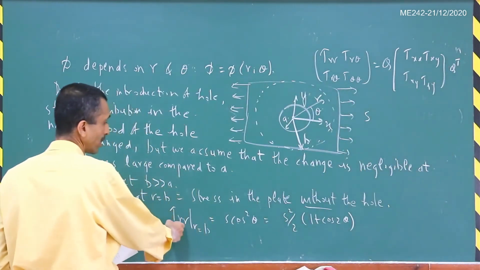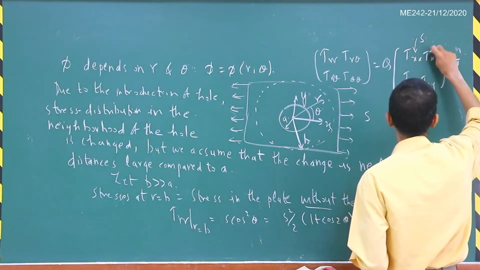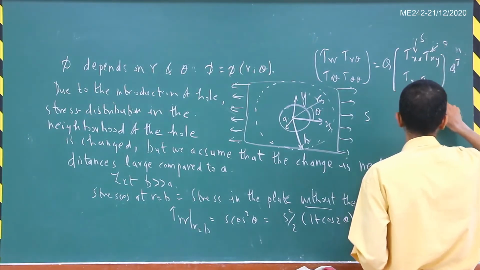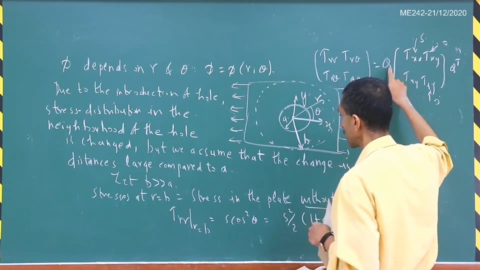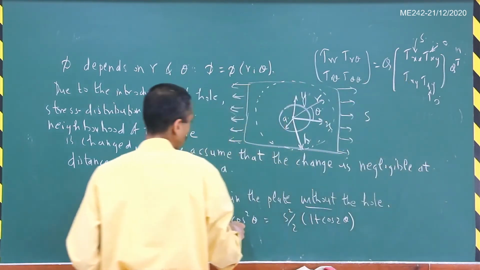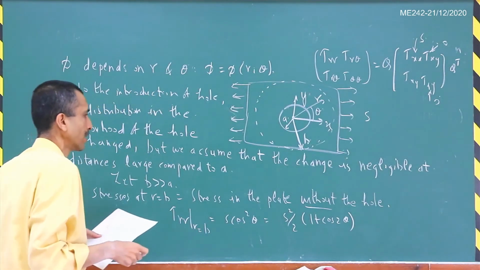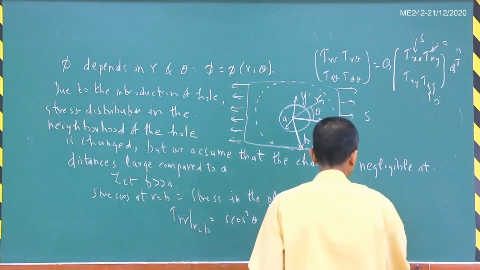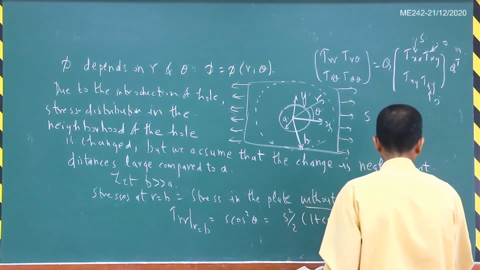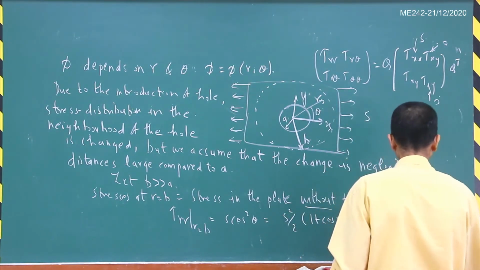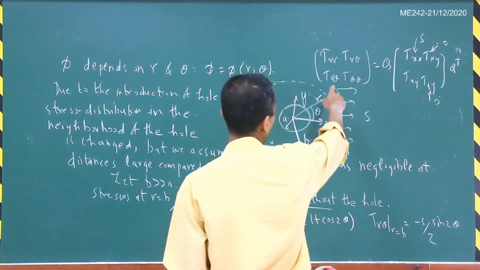That is what we are using to get this tau RR, because here your tau XX will be S, and the other components are 0. I just substitute all of this, find the transformation matrix Q, and you get this particular result. Then you will also get that tau R theta at R equal to B is equal to minus S by 2 times sine 2 theta. This is the other component.